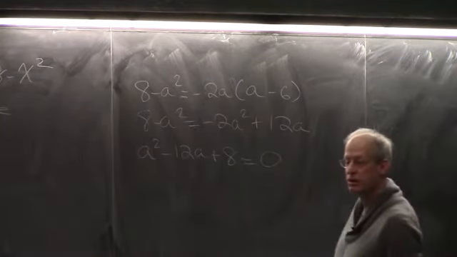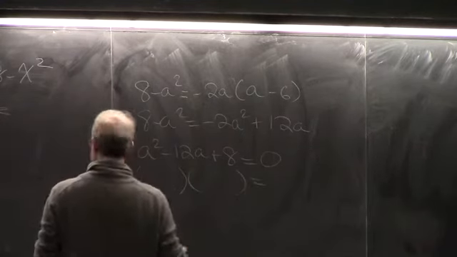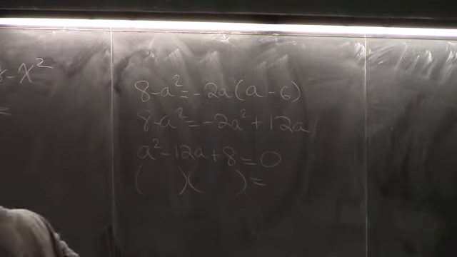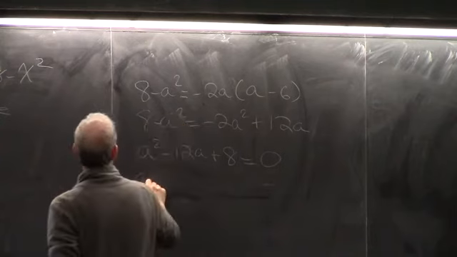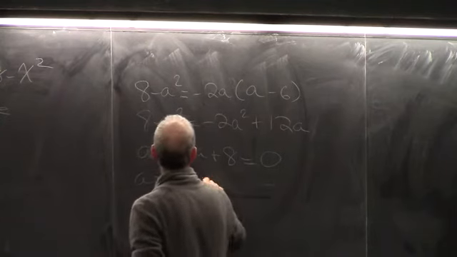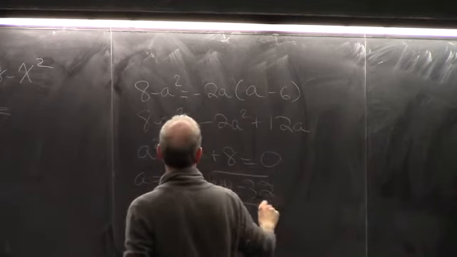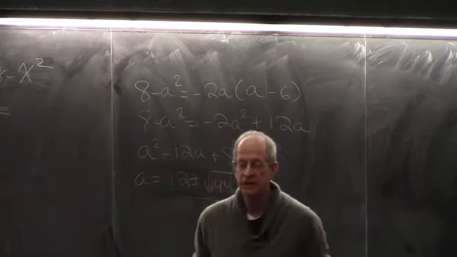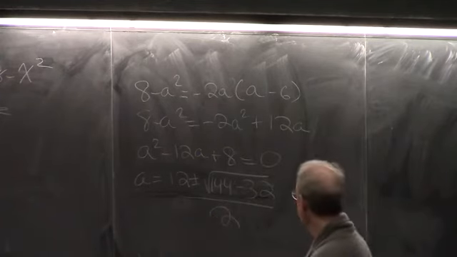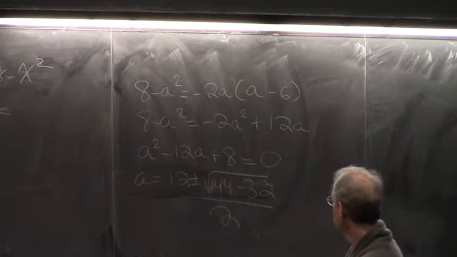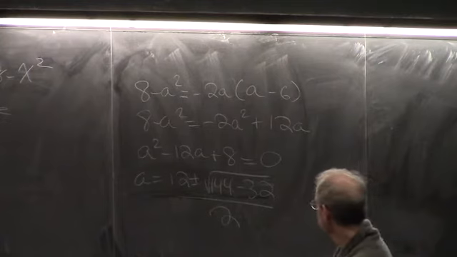I told you I could make the numbers work. Sort of. Oops, no, quadratic formula. Sorry. Almost made the numbers work. So A is 12 plus or minus the square root, 144 minus 32, all over 2, and whatever. Okay? Can you cancel 2 and 12?